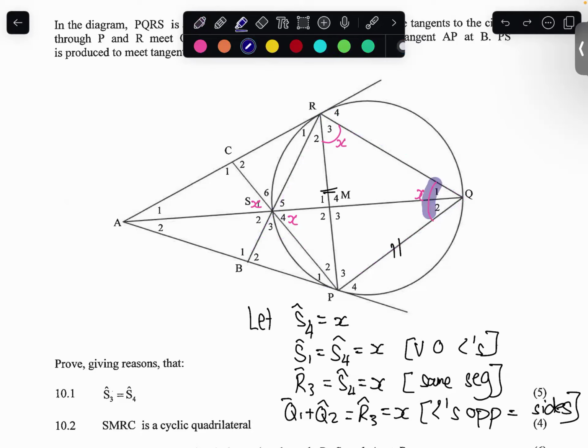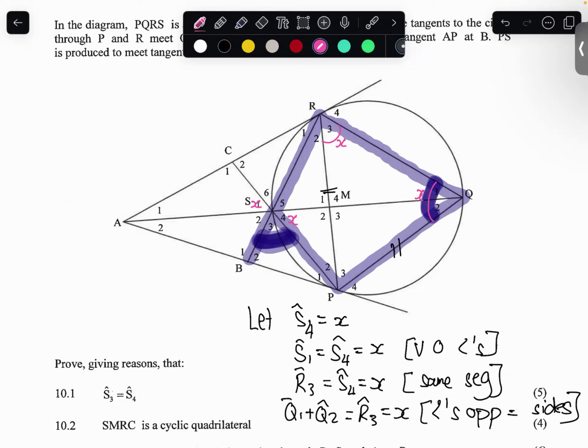Remember, S3 is what I wanted to be X, because I'm trying to prove S3 and S4 are equal, and I started by saying S4 is equal to X. So I'm also trying to prove that S3 is X. S3 is the exterior angle of this cyclic quad, and the exterior angle of a cyclic quad is equal to the opposite interior angle.